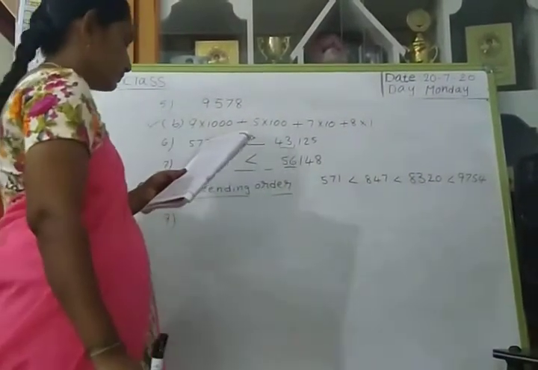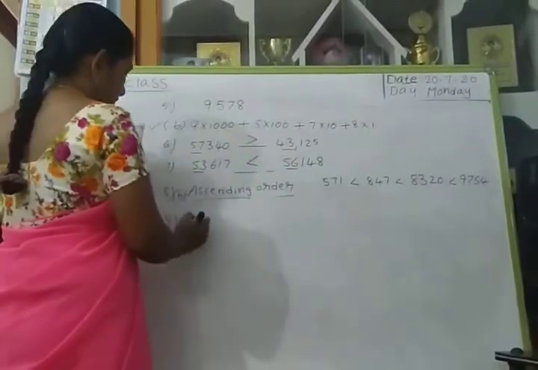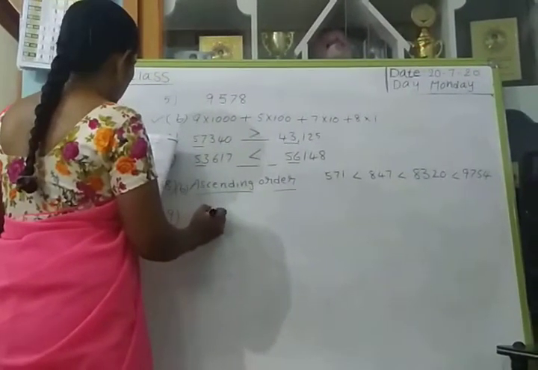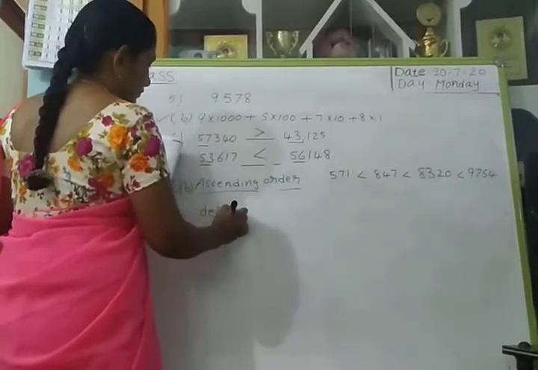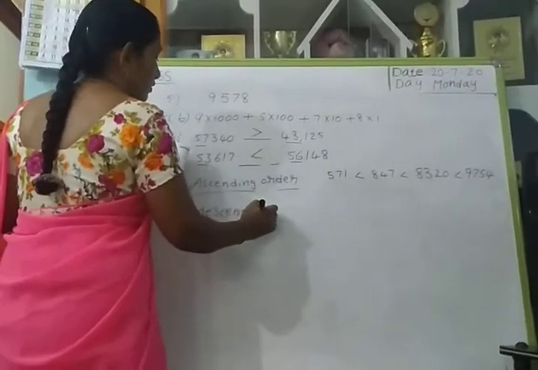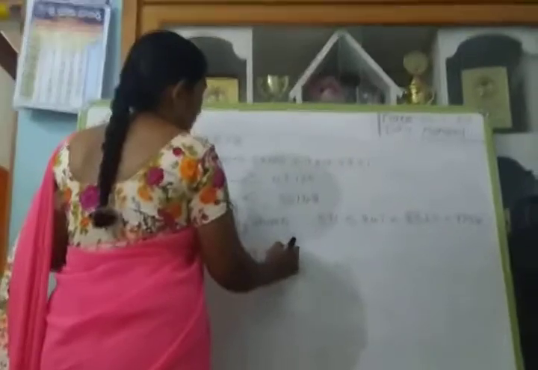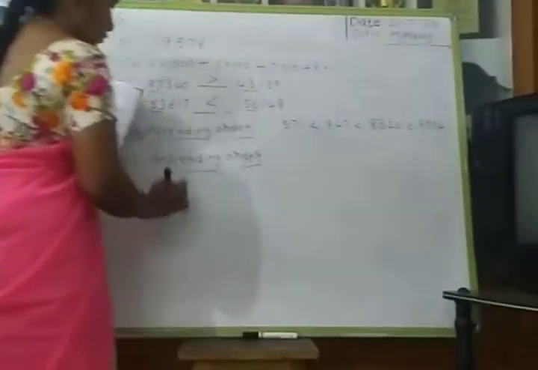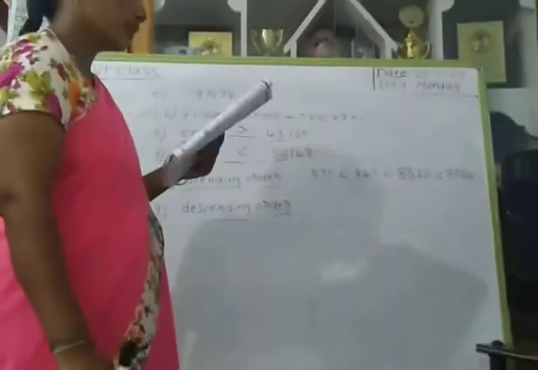Ninth one, descending order. Descending order means numbers are arranged from the bigger number to the smaller number.